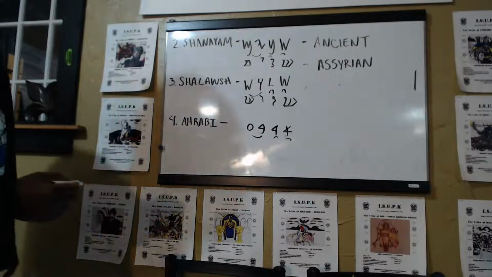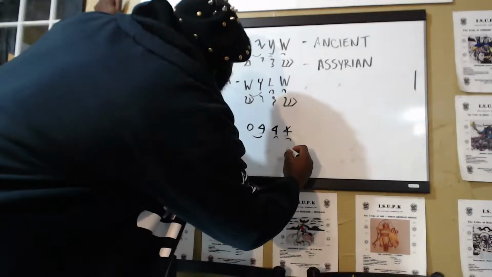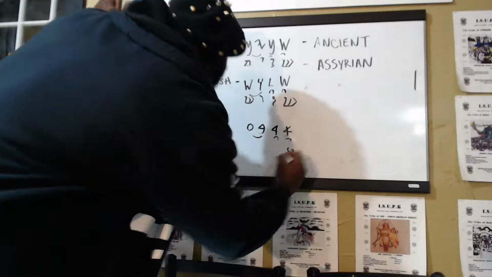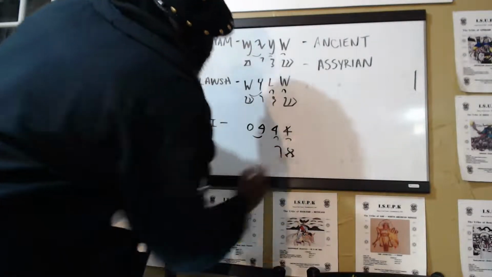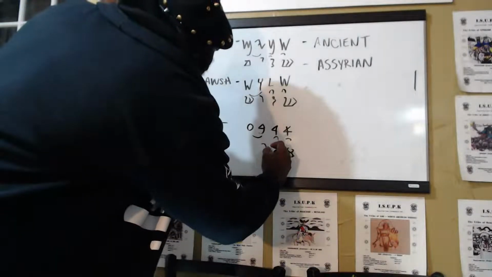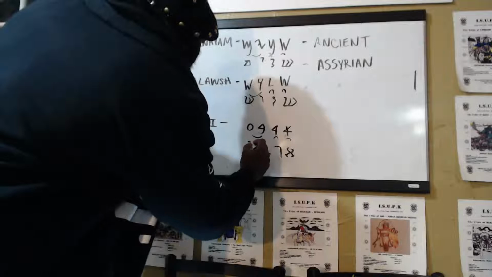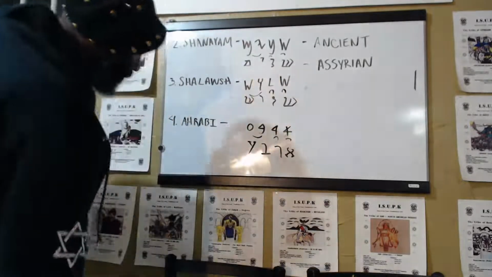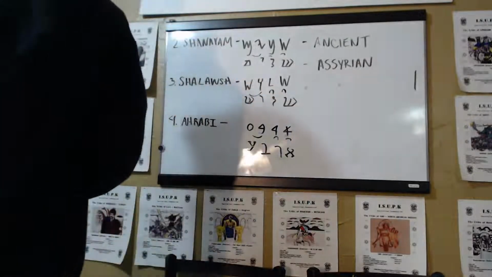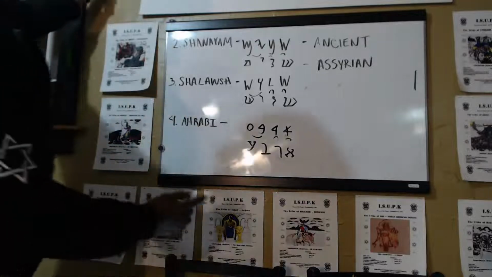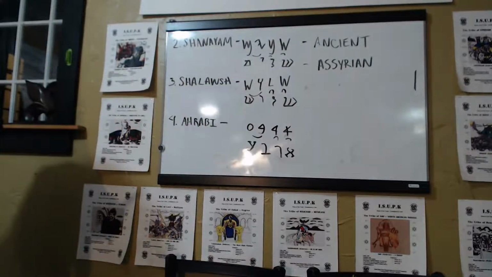Now let's get it in Assyrian Hebrew. So Assyrian, that's the I, that's the Ra, that's the Ba, that's the I, Arabai.